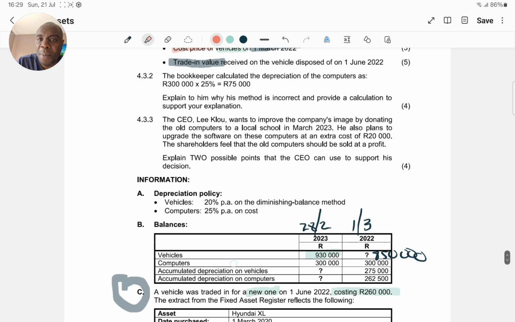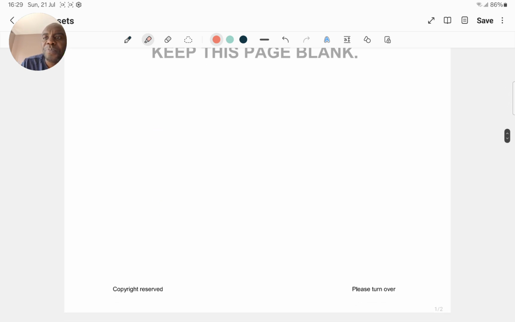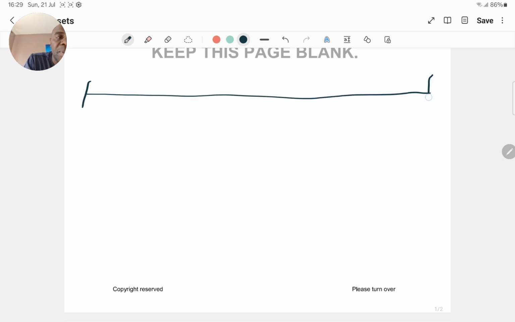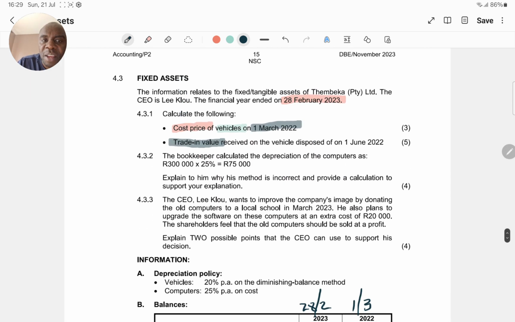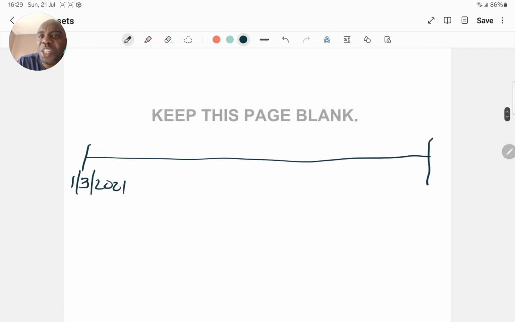Let's do a timeline. Then we used this vehicle in the new financial year. Let me draw my timeline here. So this is my timeline. My timeline starts on the 1st of March 2022.